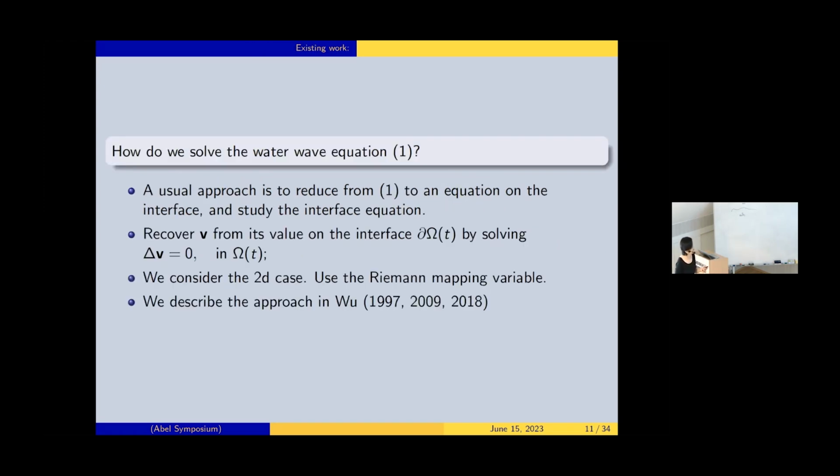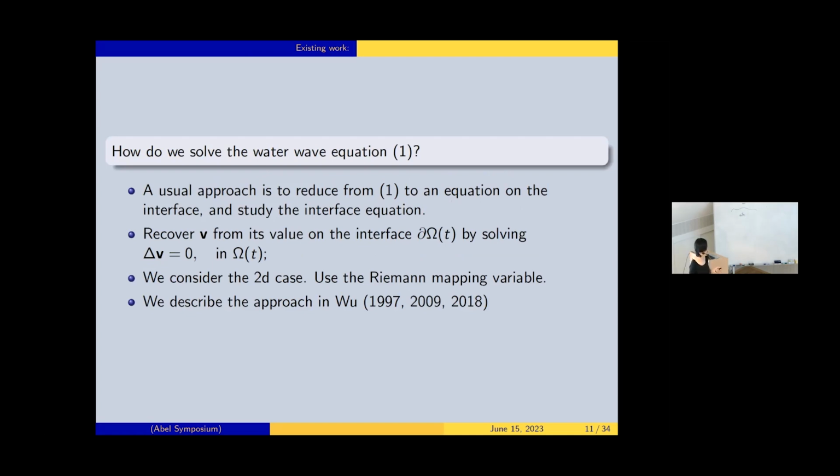Okay, so now let's just go back to how we solve the water wave equation, okay? Earlier on, we have seen the talk of Thomas Alazard, and he really studied the Dirichlet-Neumann operator, right, using pseudo-differential calculus.